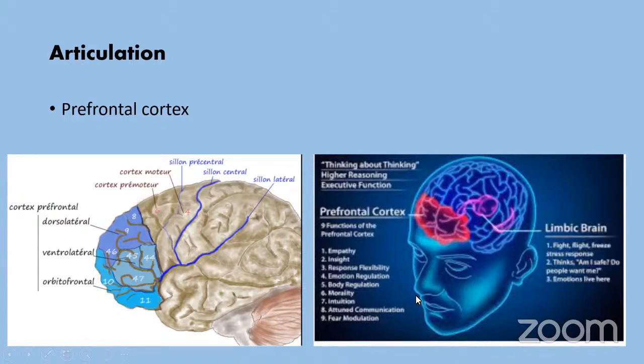So there are many functions of the prefrontal cortex: empathy, insight, response flexibility, emotion regulation, body regulation, morality, arousal communication, fear modulation. So this is a higher functioning cortex. It is a very important cortex, and it has executive control function also. So the ideas of reading and writing, the concepts and the desire, start there.